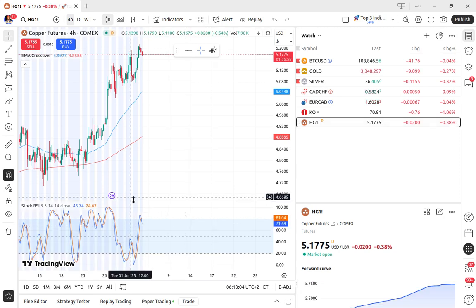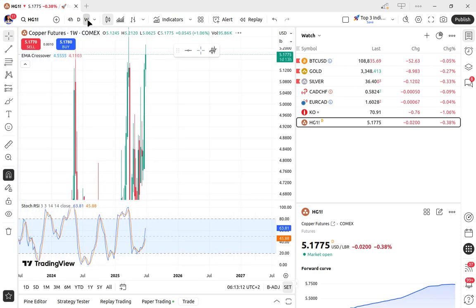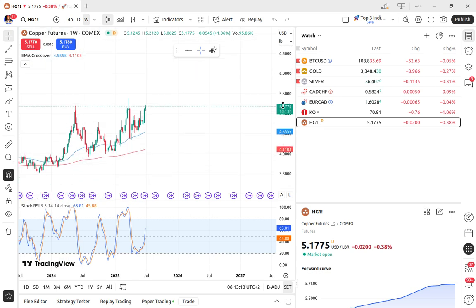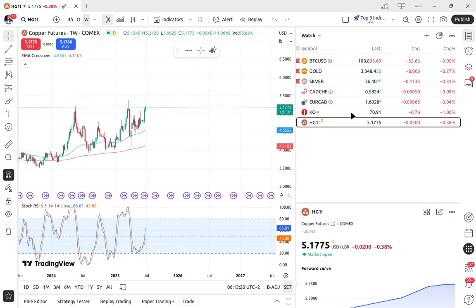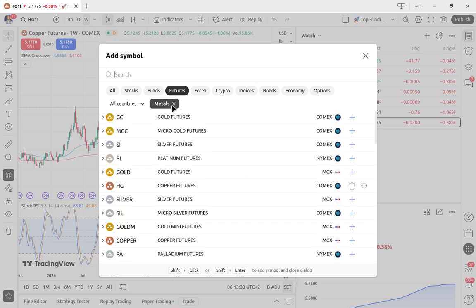So the reversal happened, I think, a week ago here, which we missed. So I think we missed an entry on the copper prices, but I would definitely keep my eye out for copper prices. I think there is an entry signal in the copper prices. I did my own research when it came to commodities, but I definitely saw copper there.